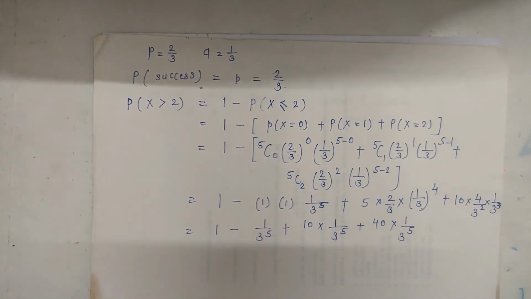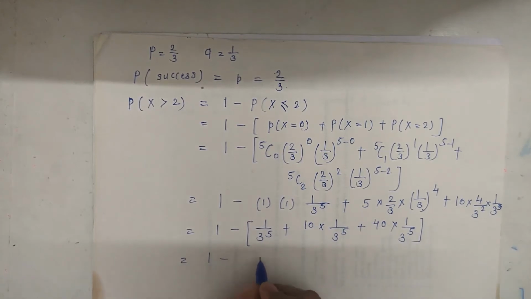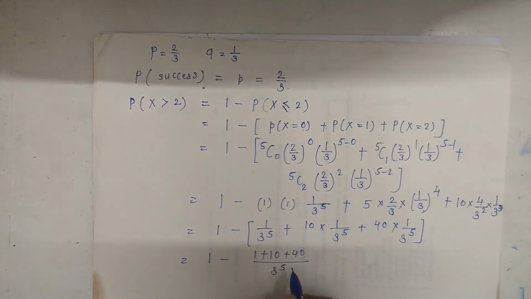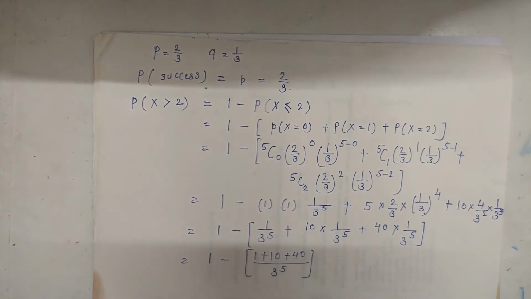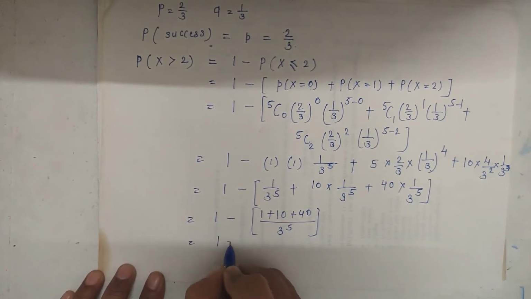Addition of indices, we get 2 plus 3 is equal to 5. Here the denominator is same for each term, 3 raised to 5, so we can add the numerator terms: 1 plus 10 plus 40 upon 3 raised to 5. Here 1 plus 10 plus 40 is 51, so 1 minus 51 upon 3 raised to 5.